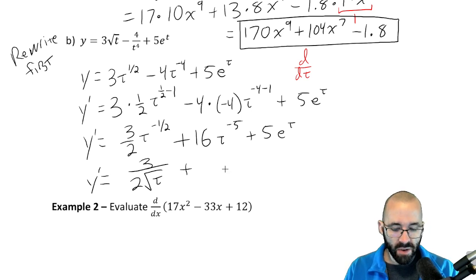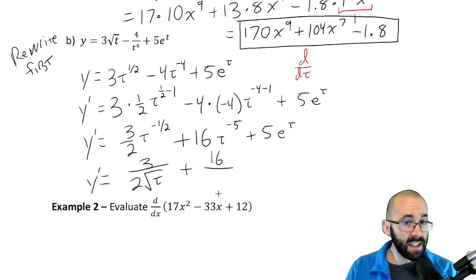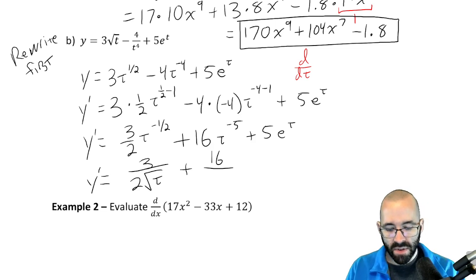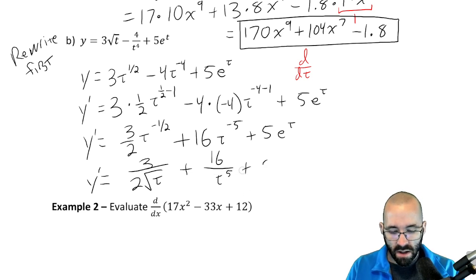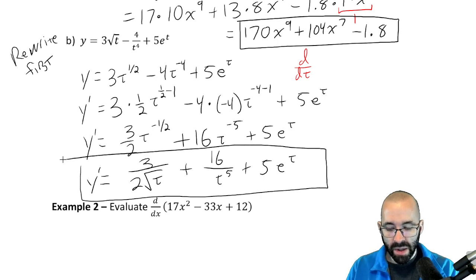So feel free to ask for a review if some of these are not familiar to you. The exponent is attached to the t. It's not attached to the 16. It would look like this if it were attached to the 16, but like this, it's just attached to the t. So the t goes in the denominator. And this is usually the nicest answer that we could give.